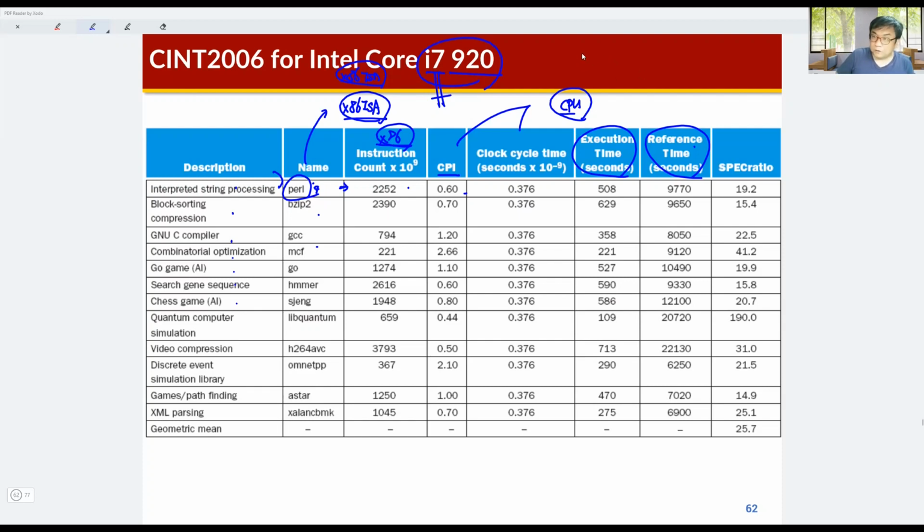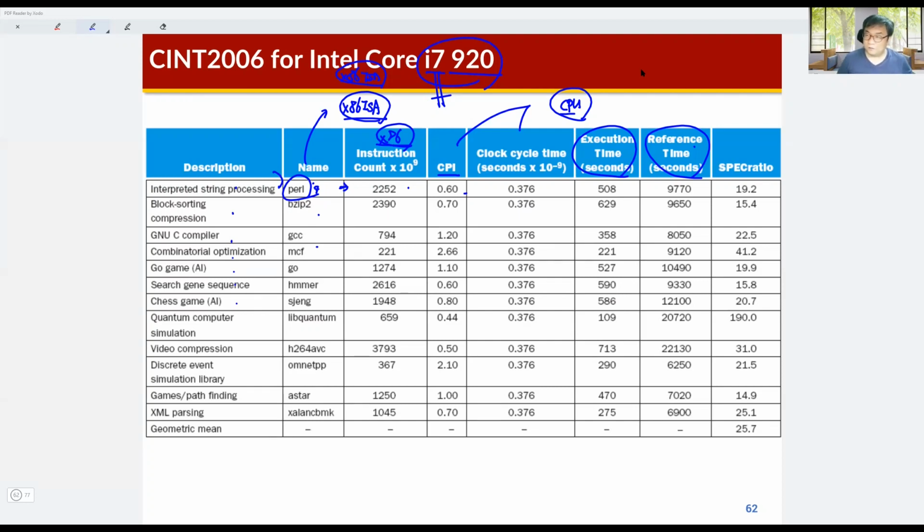Just note that when we compare the performance of computer processors, we just compare the execution time.